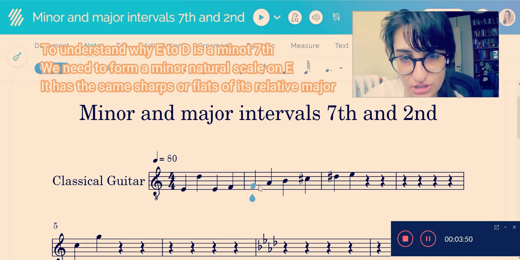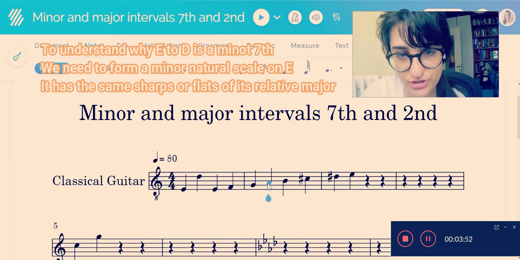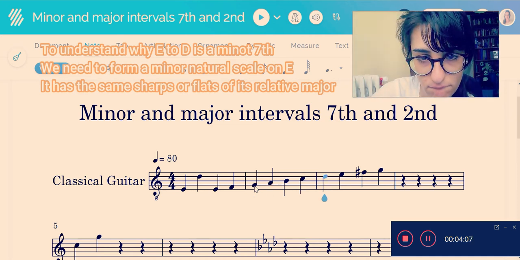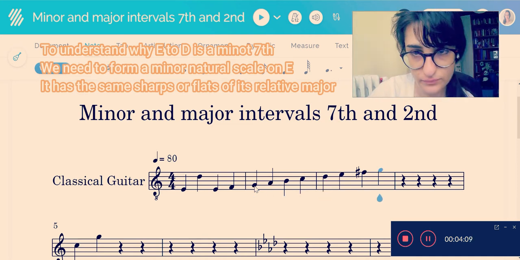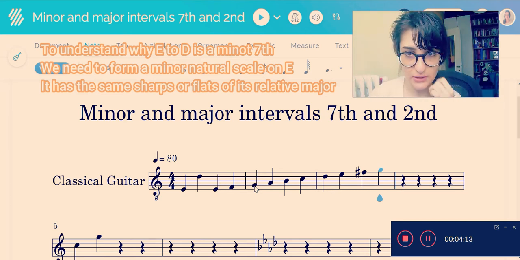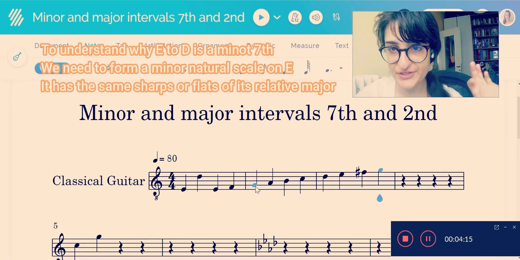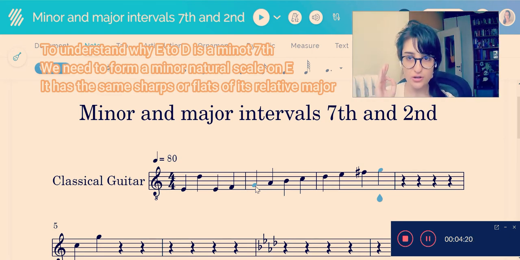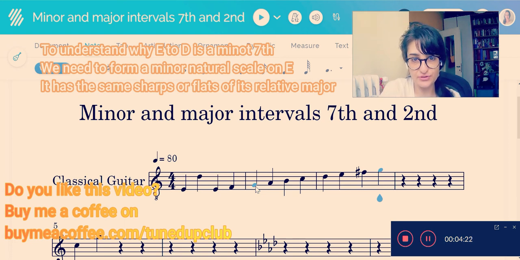Okay, so relative major is G. Let's form the G major scale. To form the natural minor scale, we just use the same sharps and flats that we found in the relative major of G, except we start from the E.